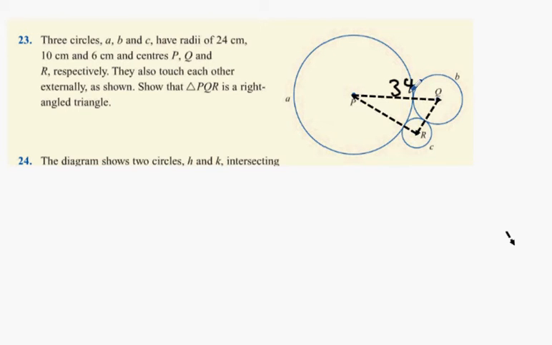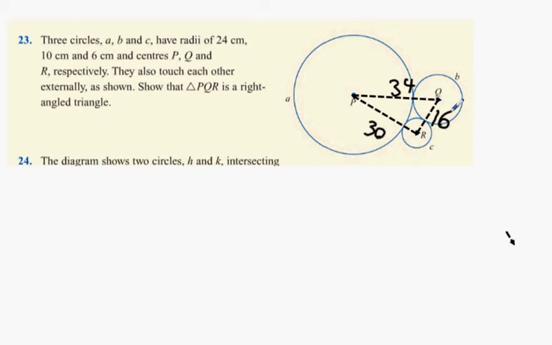Can anybody tell me this distance here? It's 24 plus 6, which is 30. And then the other one? That's 10 plus 6, which is 16. We're just adding the radiuses together.